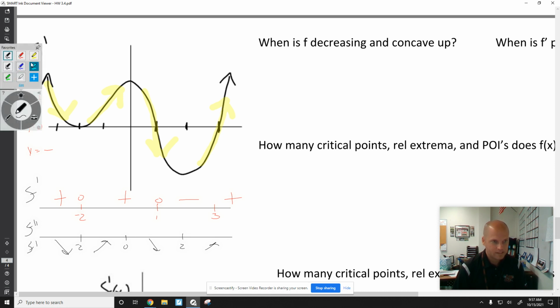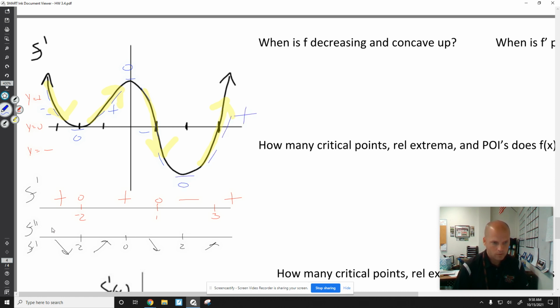Okay, that's the same as looking at the slopes of f prime. Slopes are negative, 0, positive, 0, negative, 0, positive, negative, 0, positive, 0, negative, 0, positive.